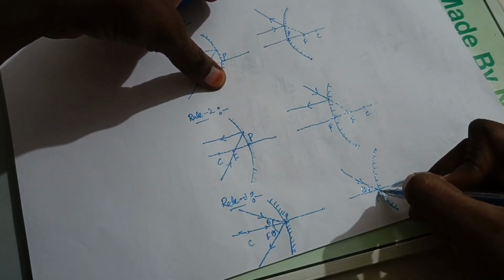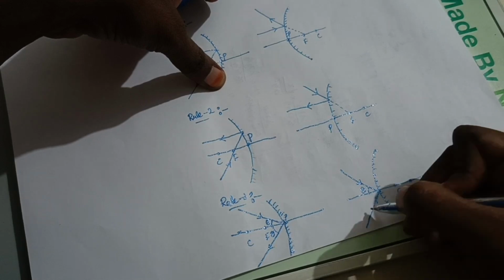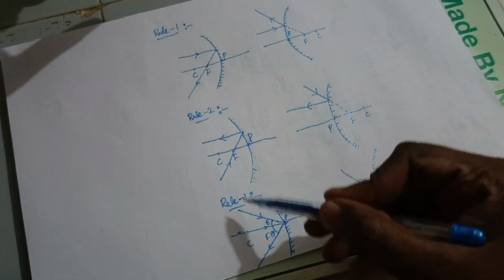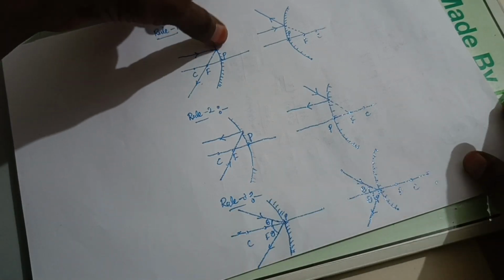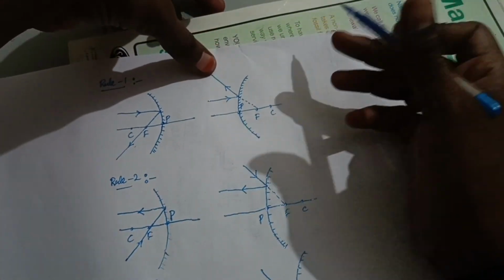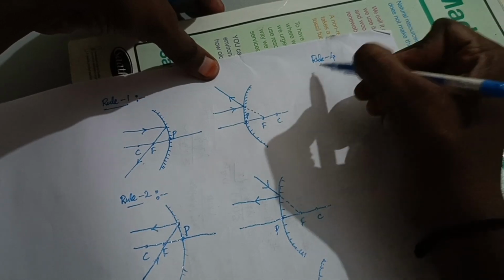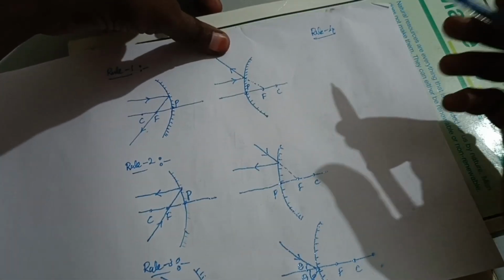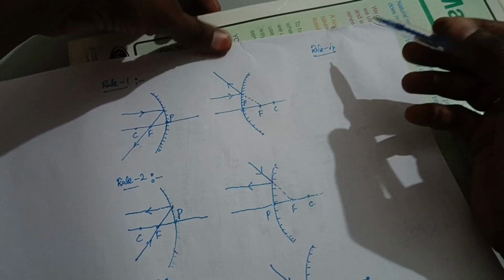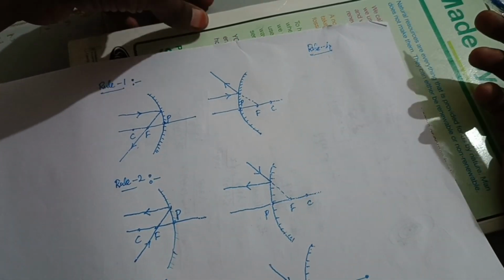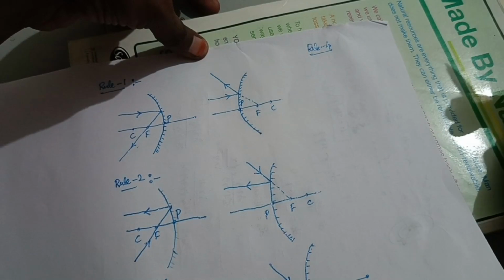Then the reflected ray will move away from the pole with the same angle. Okay, so these are the two diagrams for rule 3. Next, let me draw the diagrams for rule 4. If you understand each and every rule, then you can automatically know about the image formation in concave as well as convex mirrors.